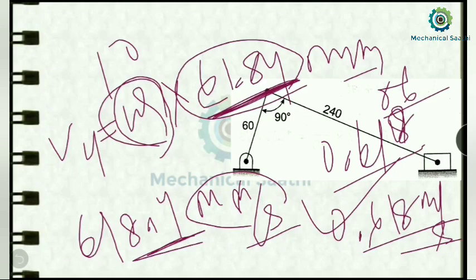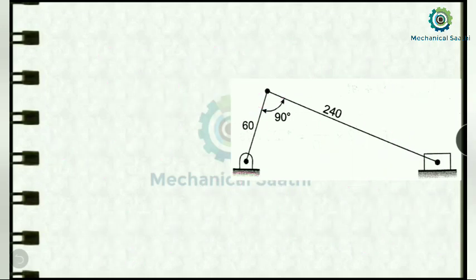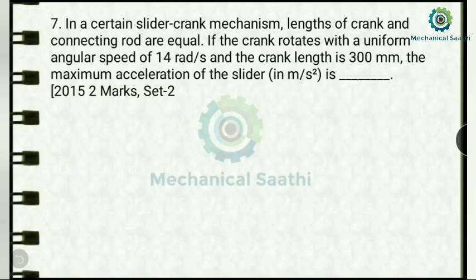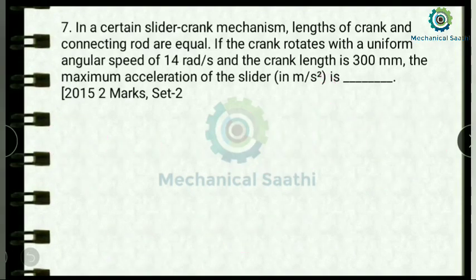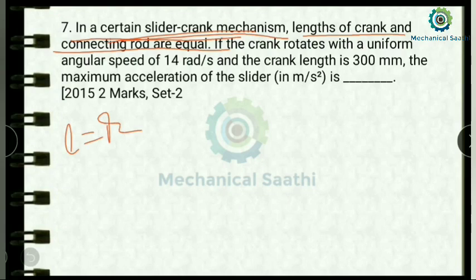So now let us move towards the next question, that is question number 7. Let us read it. In a slider crank mechanism, the length of the crank and the connecting rod are equal. So the length of the crank and the connecting rod is equal, it means we can write L is equal to R. The crank rotates with a uniform angular speed, that is given as 14 radian per second.